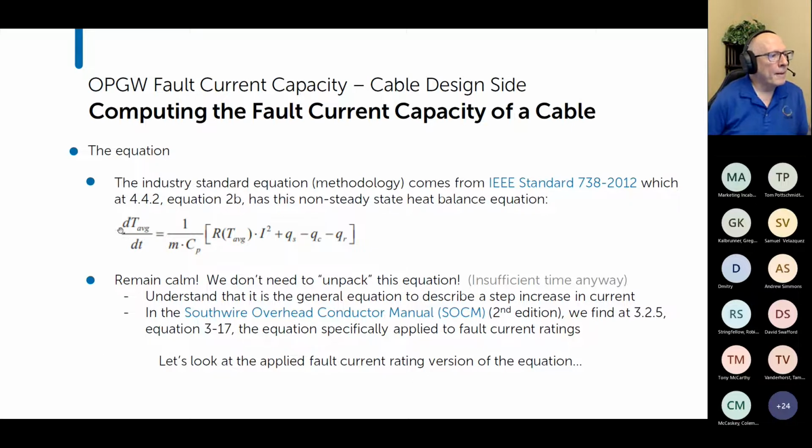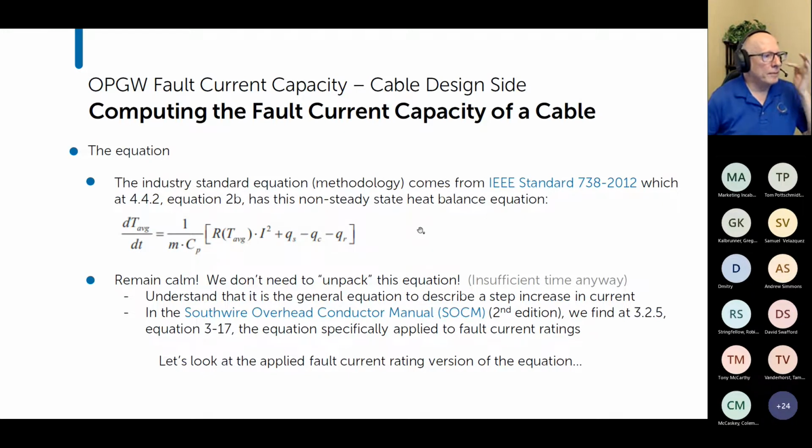Note that if you look at it closely, it's the change in temperature with respect to the change in time. Not exactly what we're looking for. In the Southwire Overhead Conductor Manual, second edition, so you don't have to work it out and apply it yourself, you can find at part 3.2.5, equation 3-17, they've taken the equation and specifically applied it to fault current rating.